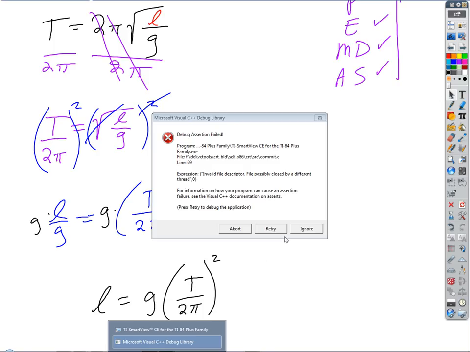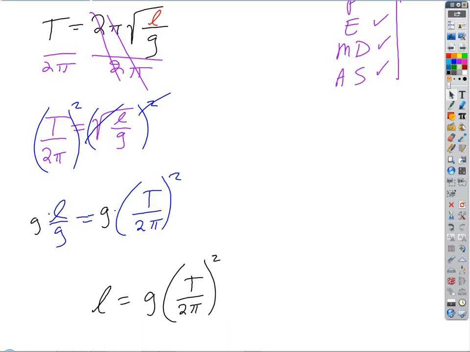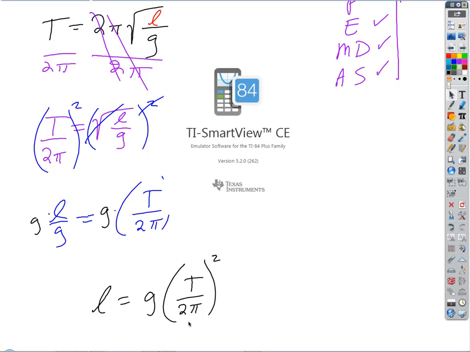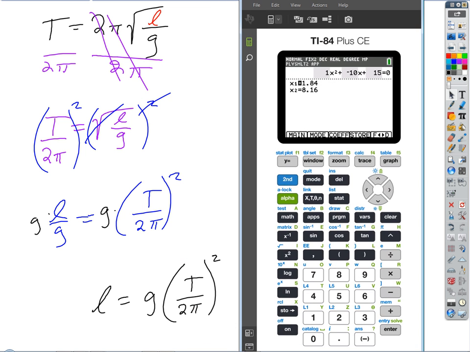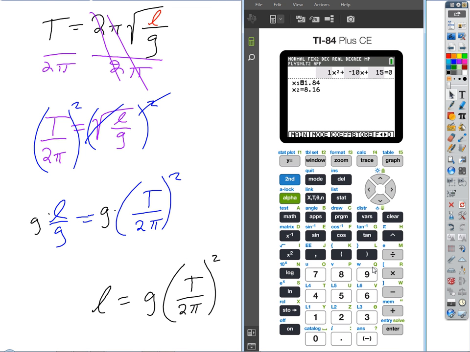Let's plug and chug on our calculator, put everything in at once.